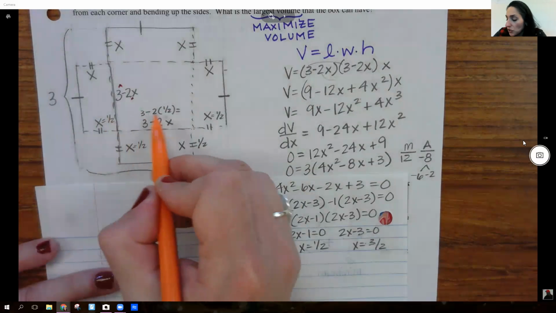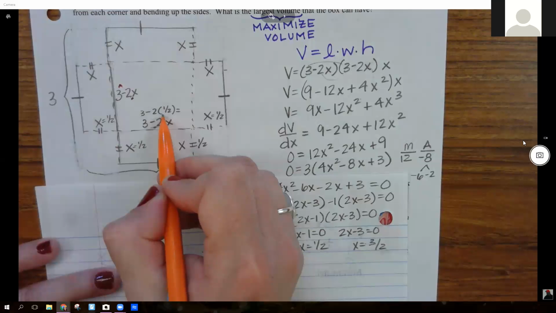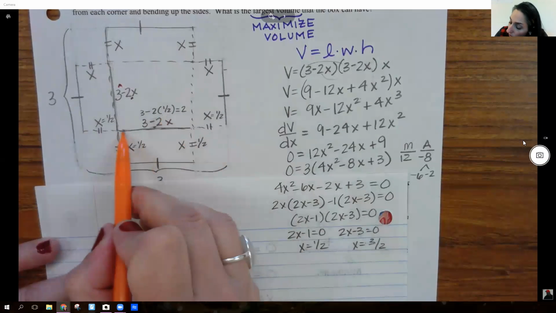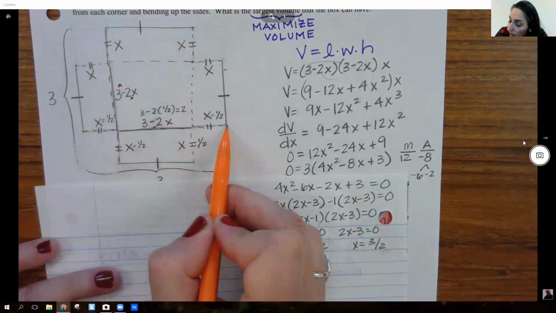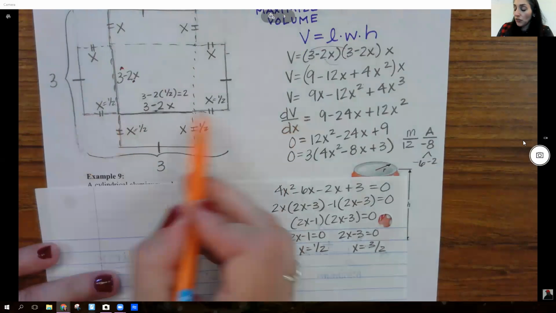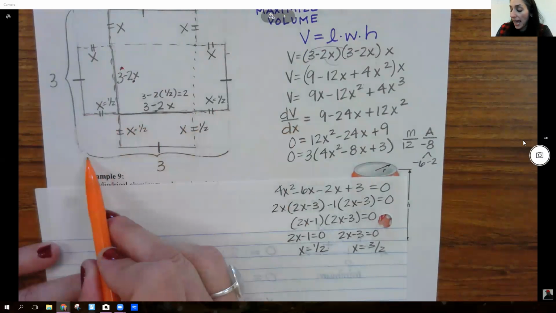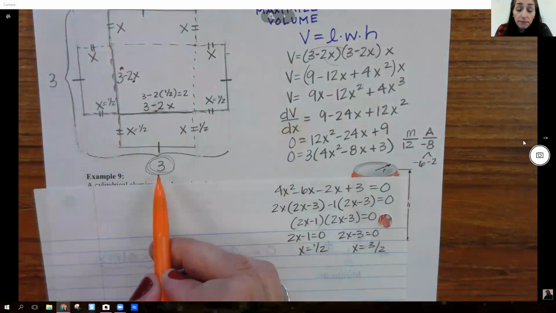What is 3 minus 2 times 1/2? 2. So this length right here would be 2. This would be a half. This would be a half. That's going to work out just fine because 2 plus a half is going to add up to 3. Okay, so that means that's fine. You could make a box like that.